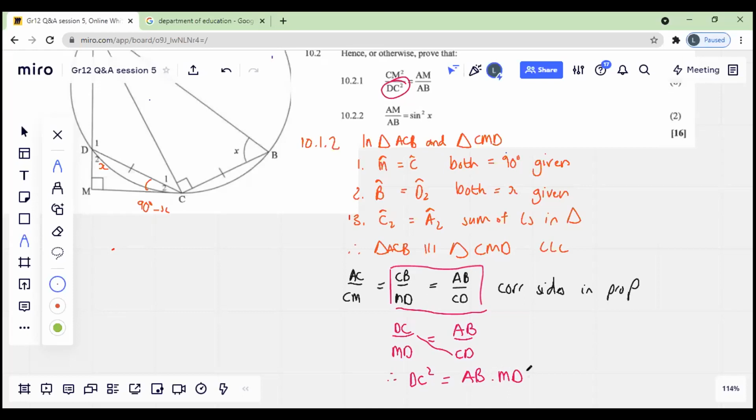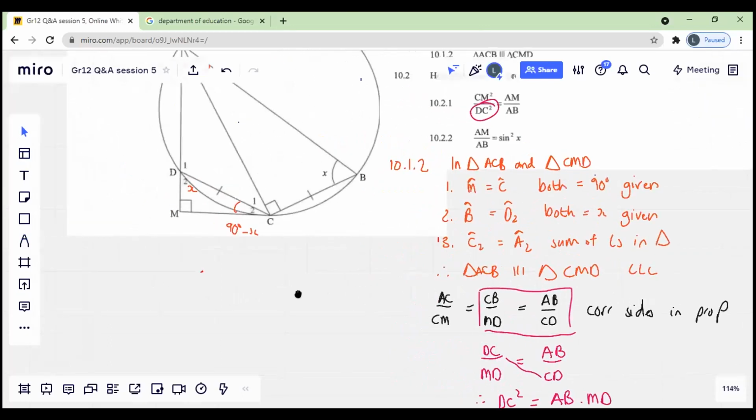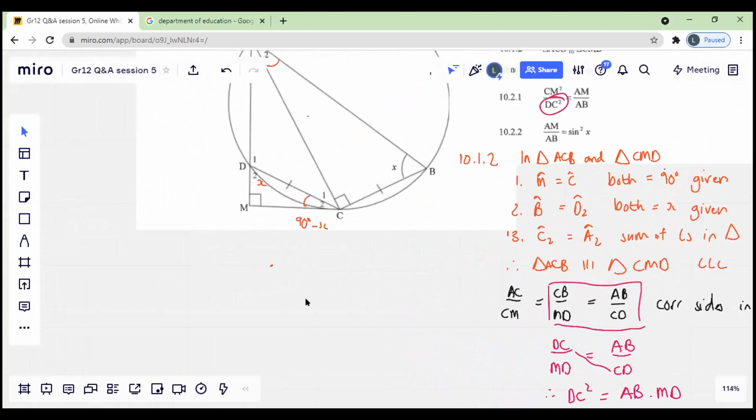Now I want CM squared. So how am I going to get CM squared? I've got CM here, but I don't have anything else here. So maybe there is another triangle that I need to go and work in. Let's go back and have a look.